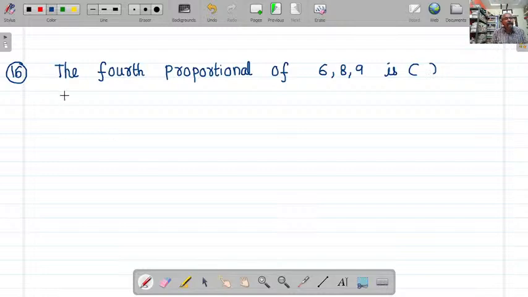Option A is 14, option B 12, option C 16, option D is 18. So the fourth proportional of 6, 8, 9.